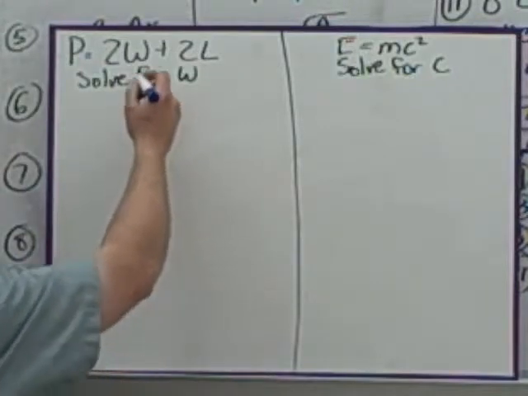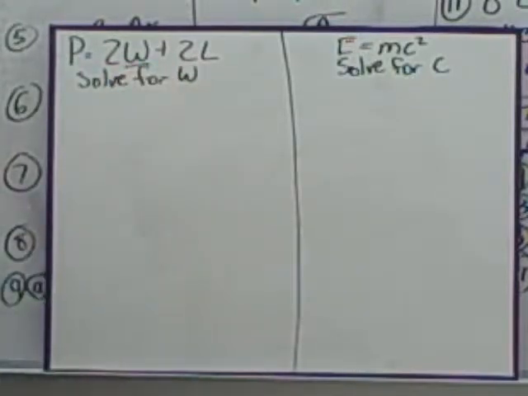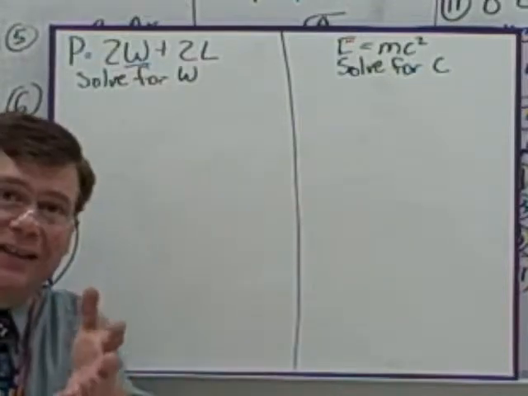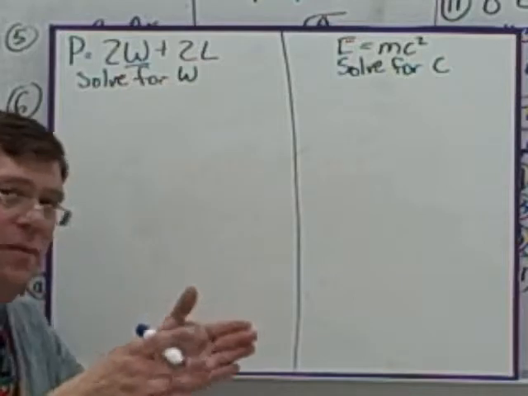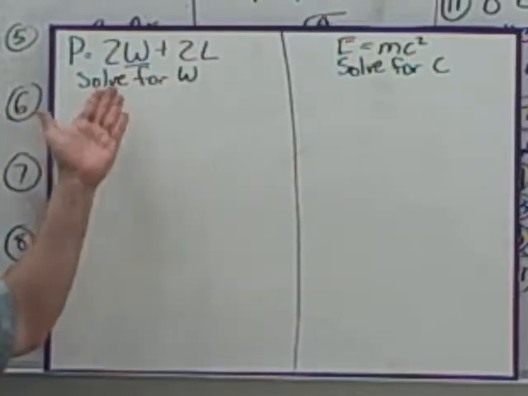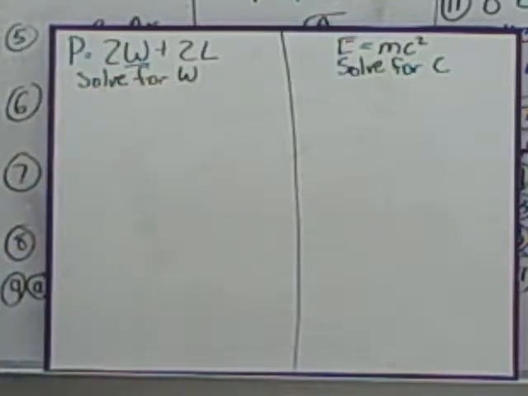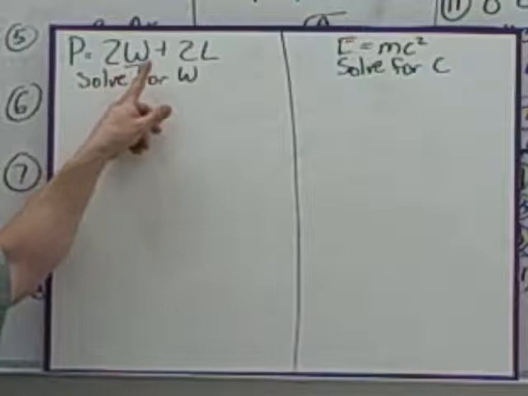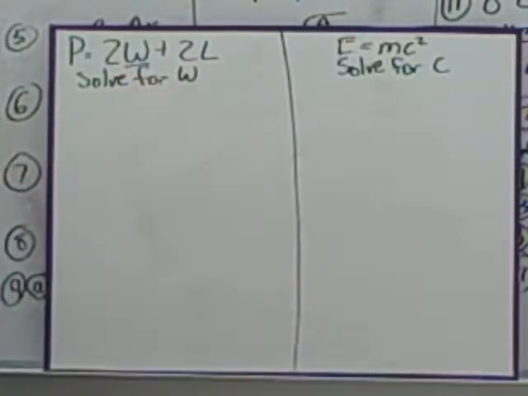To do that, we want to get the w all alone. Whenever you're solving for a variable, it means you want to isolate that variable. You want to get that variable equals something. So you've got to ask yourself, what's being done to the w right now? Well, it's got the 2 times it, and it's got this plus 2l.